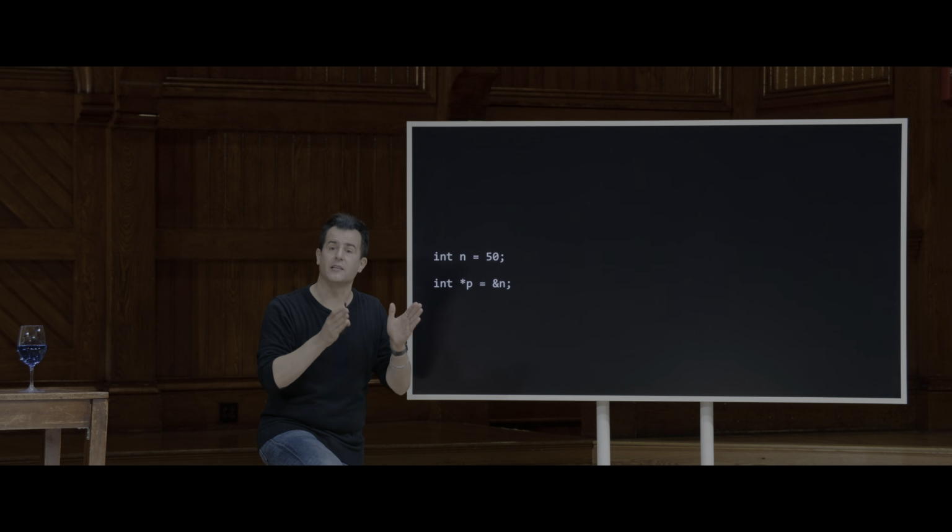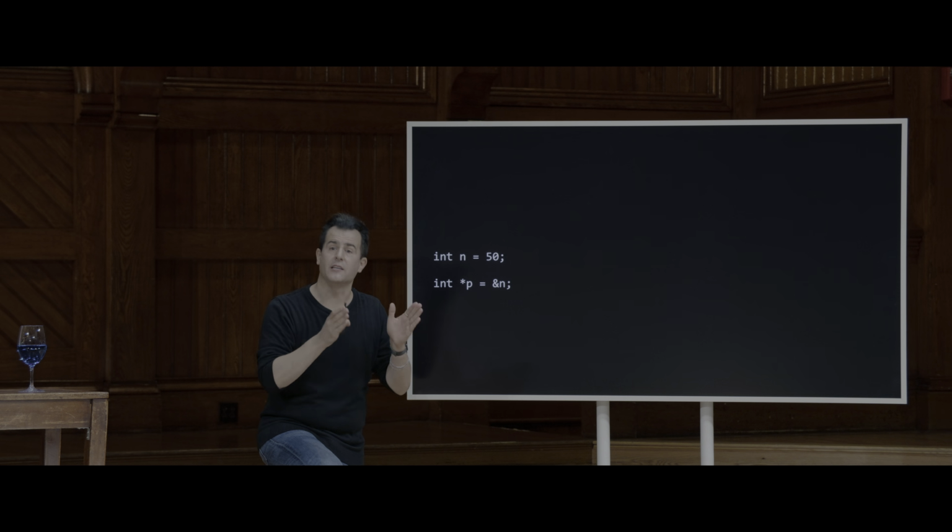But if I want to print out an integer at some location, I can go back to %i. Just print an integer as always. But p now is storing the address of some place. It is the treasure map, so to speak. So if I want to go where x marks the spot, the syntax for that I claimed a moment ago is star p. So star p means go to that address. Don't print the address. Go to that address and show me what's inside of the computer's memory there.